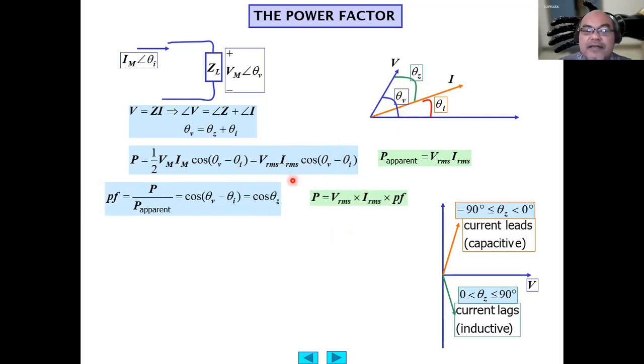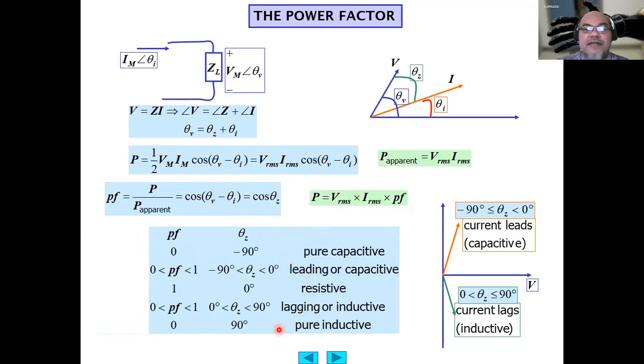So from here, the power will be equal to V RMS times I RMS for the apparent power multiplied by the power factor PF. Again, the power factor is the cosine of the impedance phase angle theta Z, or the cosine of the difference between the phase angles of the voltage and the current.